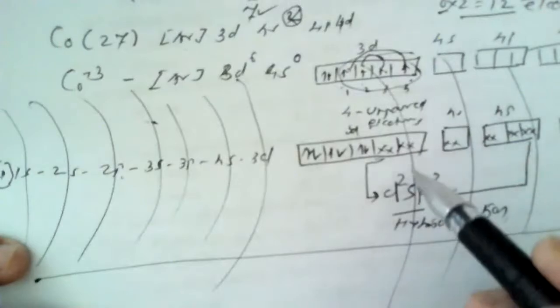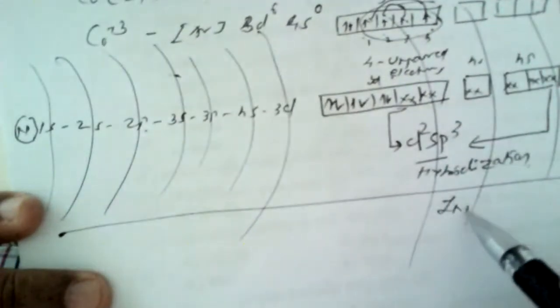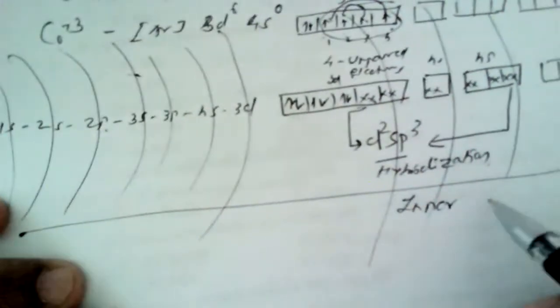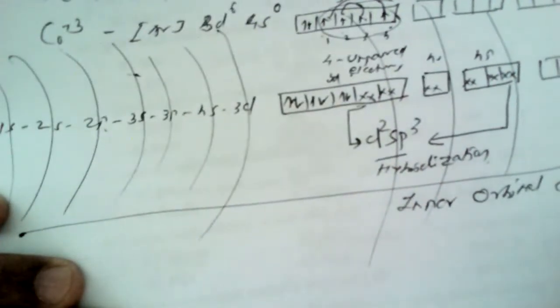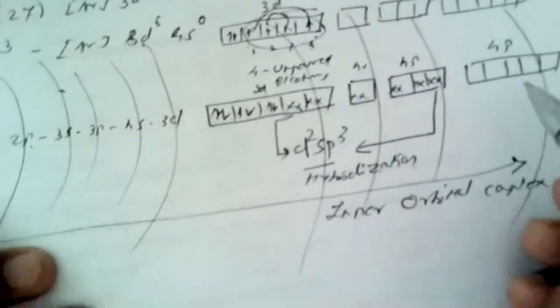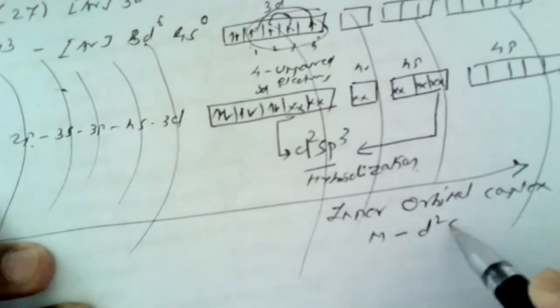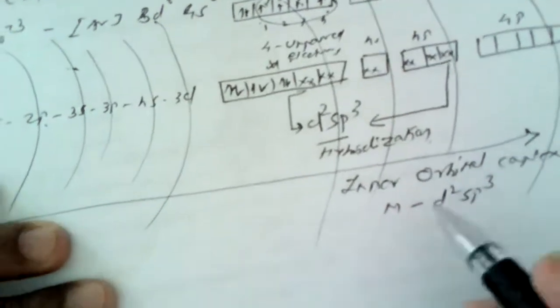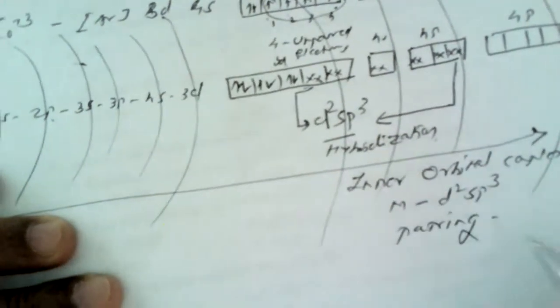So in the formation of this complex, as these d orbitals are used, this complex is known as the inner orbital complex, where the metal atom undergoes d2sp3 hybridization by pairing the electrons.